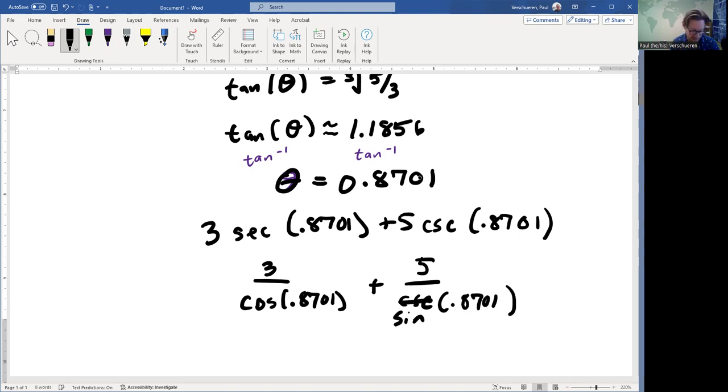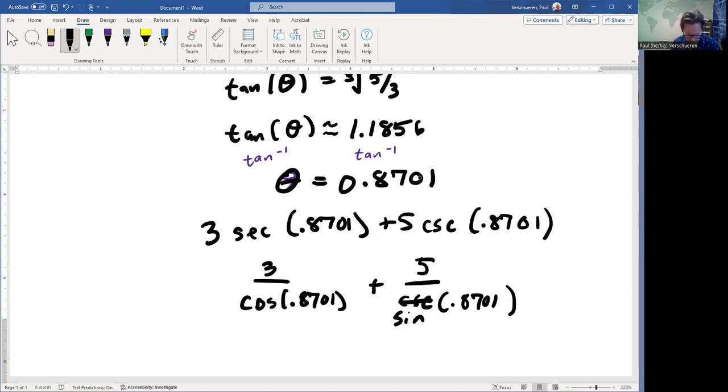And then this is something I can enter in my calculator. 3 divided by cosine of answer plus 5 divided by cosine of answer. And depending on your calculator, whether or not it follows order of operations, mine does. Oh, I entered the wrong thing real quick.